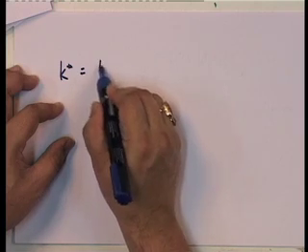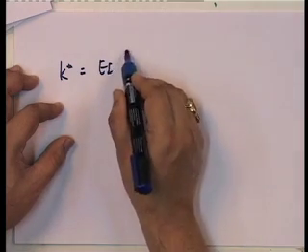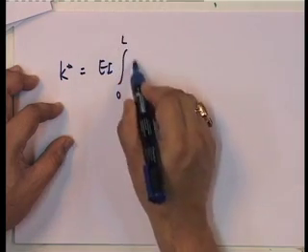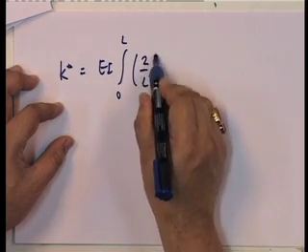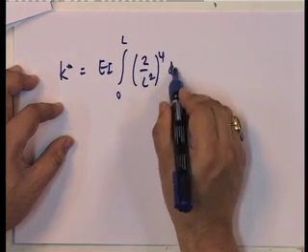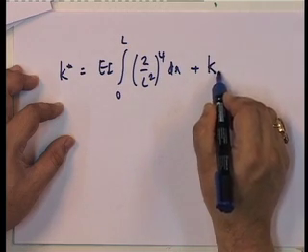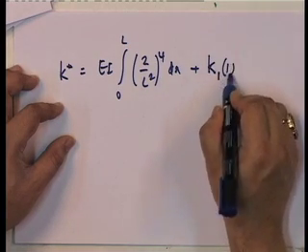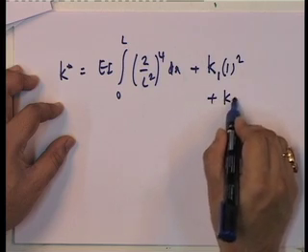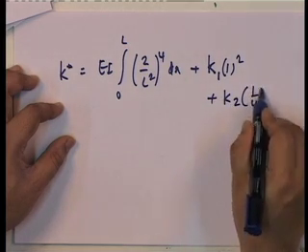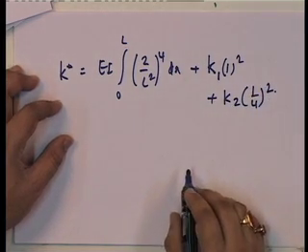Then what is my k star going to be equal to? If you look at it, it is going to be equal to EI times the integral from 0 to L of (2/L)^2 dx, plus K1 into 1 squared plus K2 into 1/4 squared.